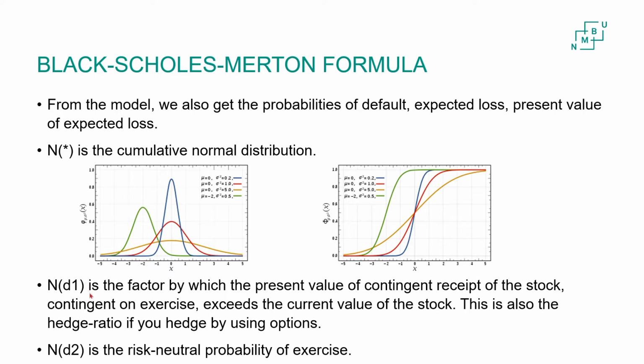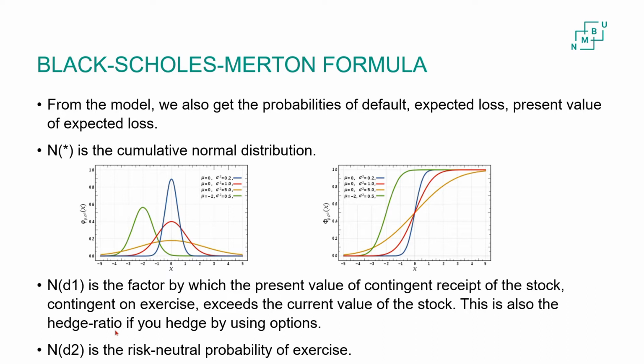This is also the hedge ratio for the replicating portfolio which Black-Scholes is based on. It's the number of stocks that you would use to hedge the option.